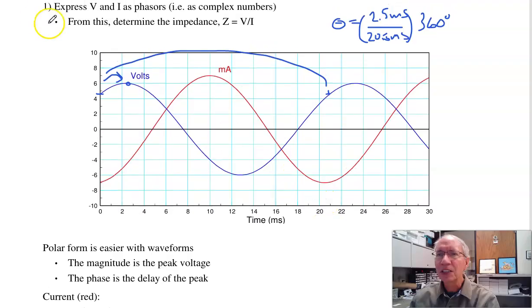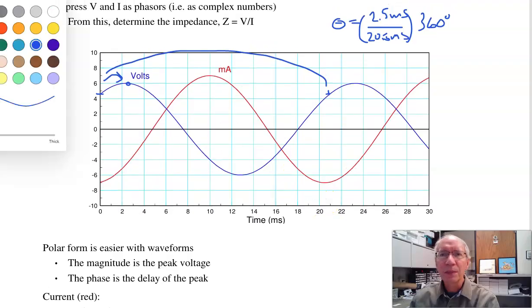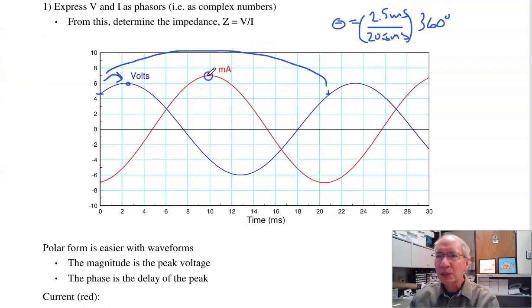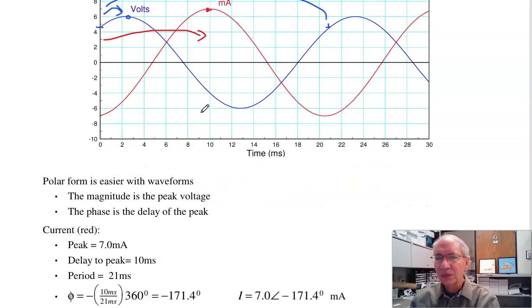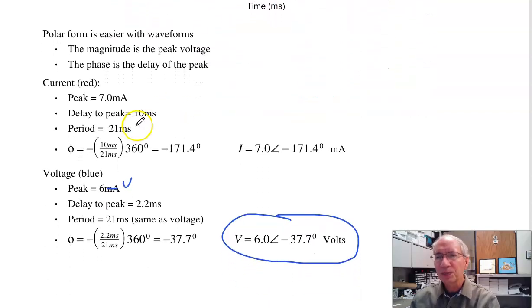The current, on the other hand, let's do that in red. The current has a peak right here. The peak is about 6.5 milliamps. Its delay is 10 milliseconds. So to put the current in phasor form, the peak is 7 milliamps. Delay is 10 milliseconds. 1 period is 21 milliseconds, or about minus 171 degrees.